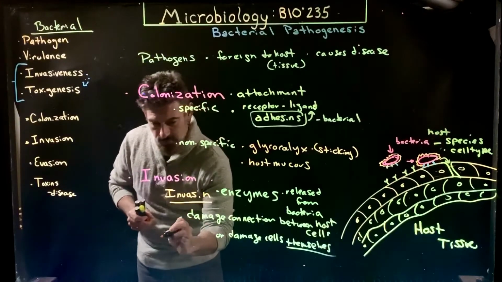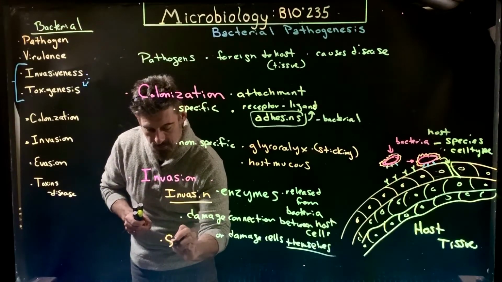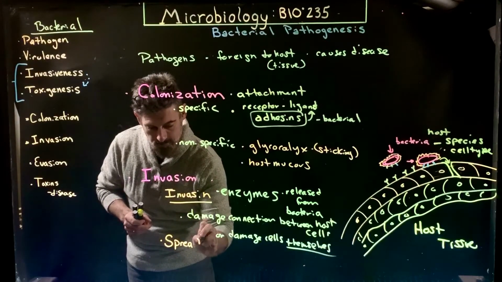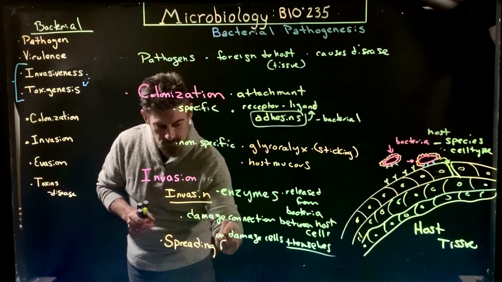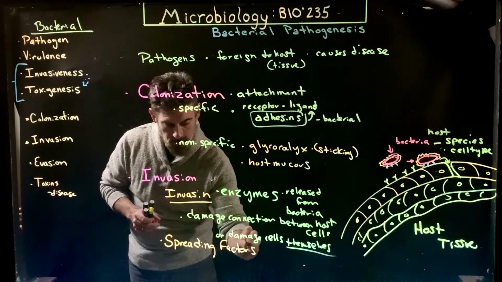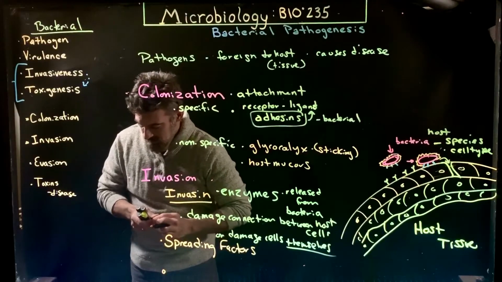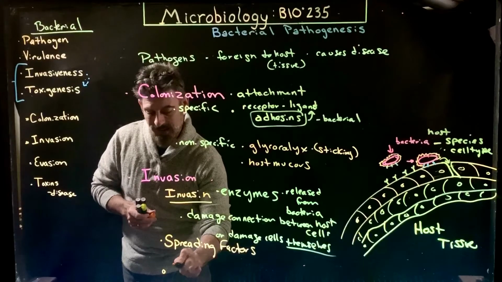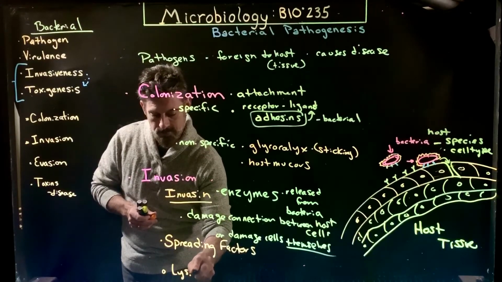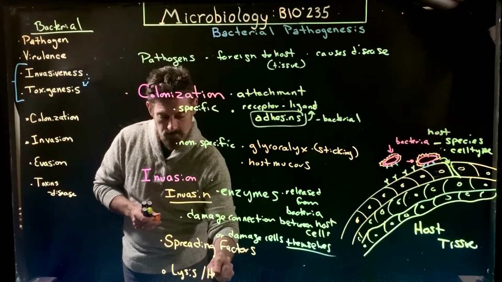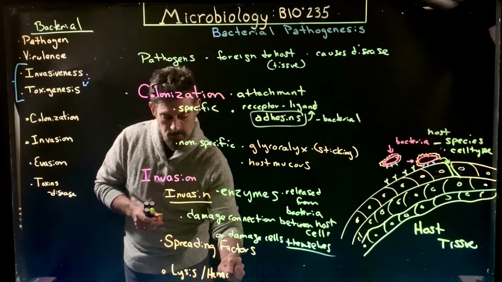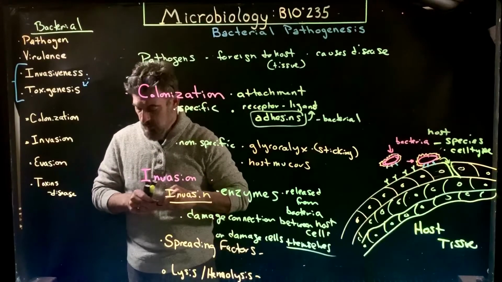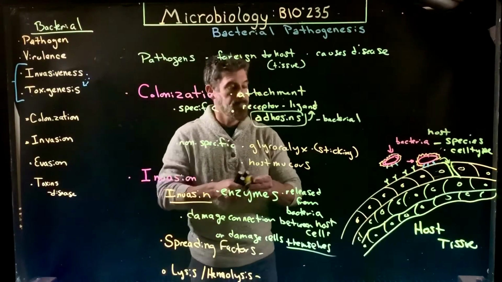So we have essentially one category that includes things called spreading factors, and another category, which involves enzymes usually involved in lysis or hemolysis, so it's actually destroying the cells. So, spreading factors.